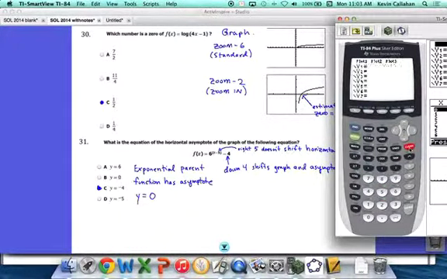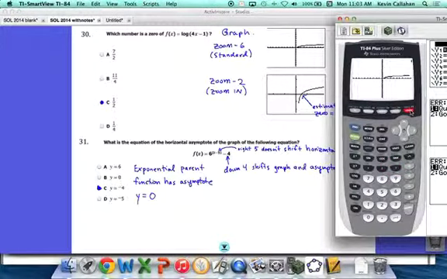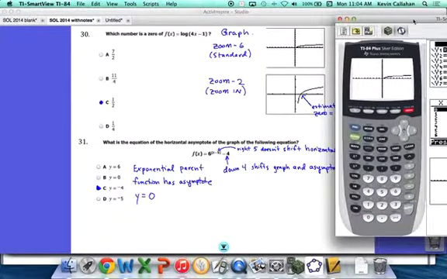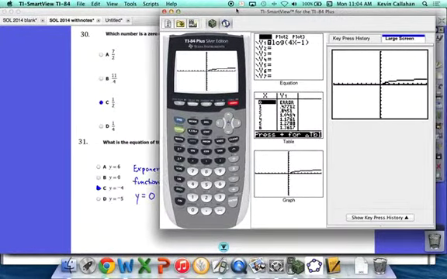Watch. Log of 4x minus 1. If you look at that, you may not think it has a 0. If you zoom in, you'll see the 0.